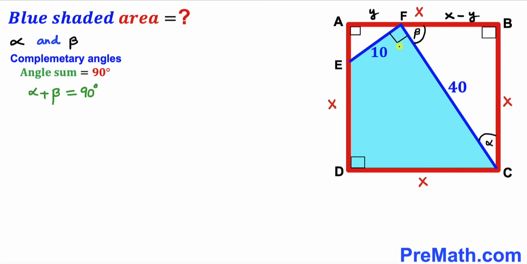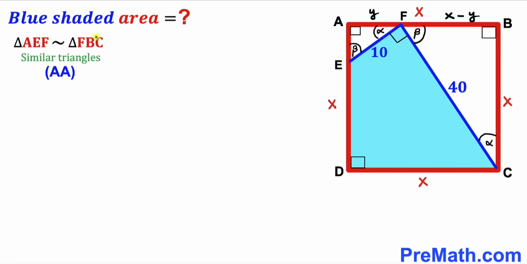And now we know that this angle is 90 degrees, this angle is beta, so therefore this angle has got to be our angle alpha. And finally, in this tiny triangle AEF, this angle is alpha, this angle is 90 degrees, so therefore this angle has got to be our angle beta.